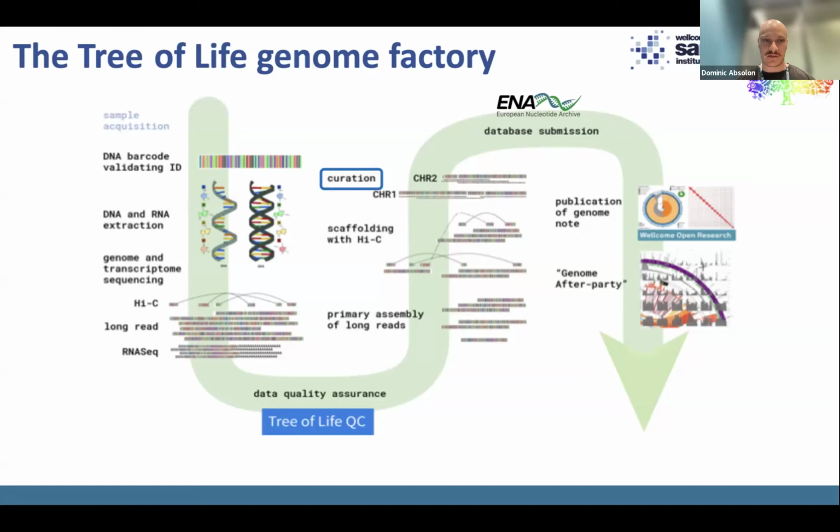We're also doing HiC sequencing, which is the crucial step for the manual curation. That data then goes through our assembly team. It all gets assembled and comes to the curation team, where we work our magic, do a manual curation, and hopefully output chromosome level assembly to the public, and ultimately a publication of the genome note. So what we're talking about today is this step of the process, the curation process.